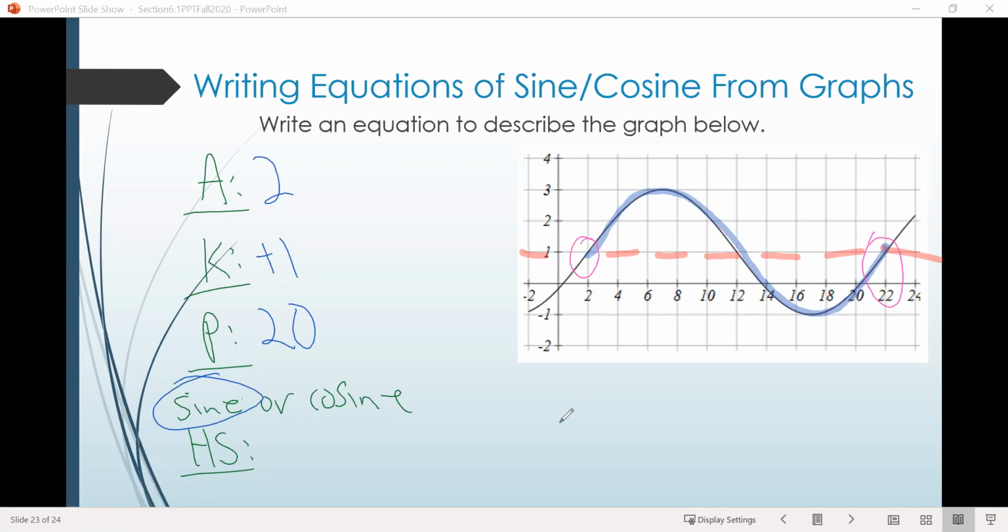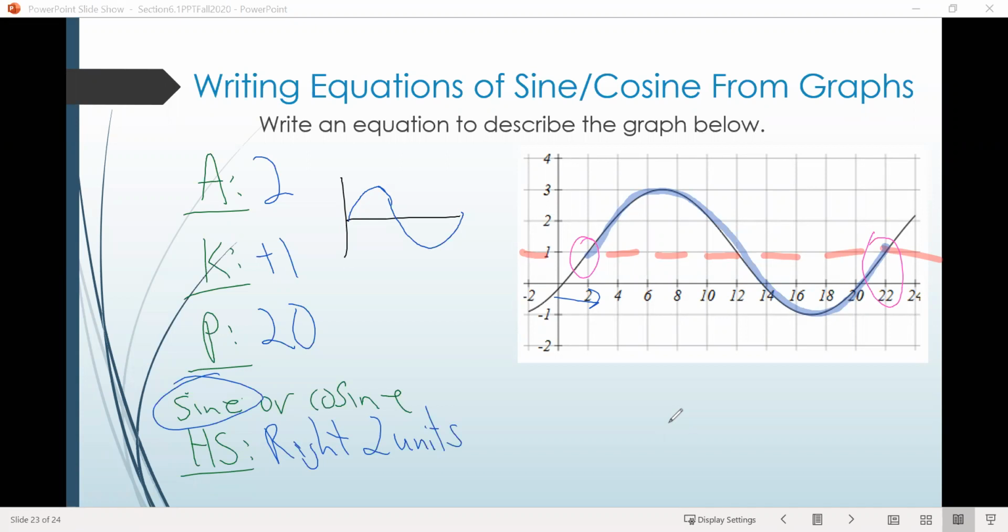And recall that a typical sine function starts right at the origin. Okay, that one I drew off to the side there. But here we're starting off to the right of the origin. In fact, it looks like we are to the right 2 units. This has been shifted right 2 units.